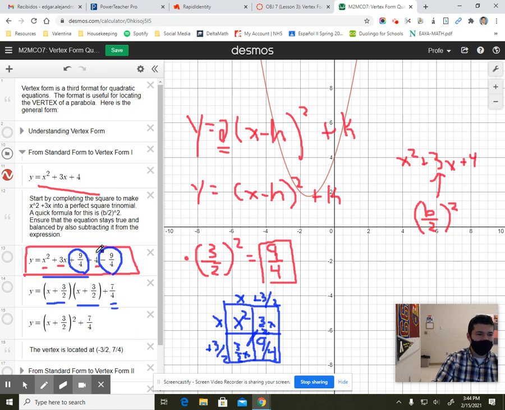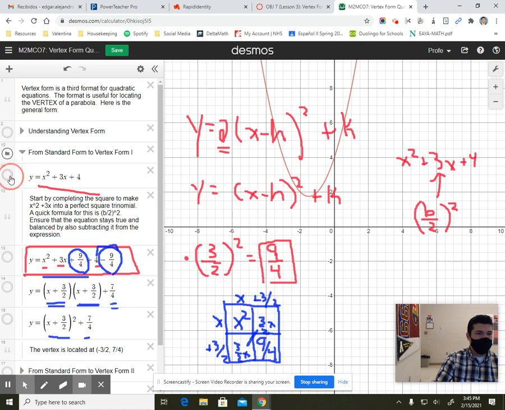Because what I did right here is I combined my 4 with my negative 9/4. A little confusing, right? Last thing I'm going to do is, because these two factors are the same, write them as a single factor quantity squared plus 7/4. Now that seems really complicated to some.